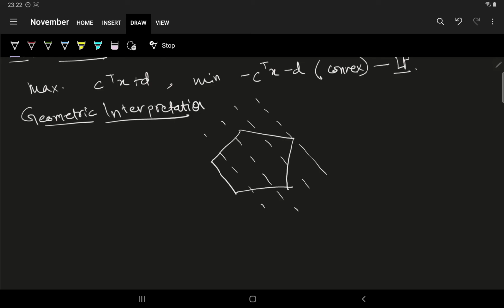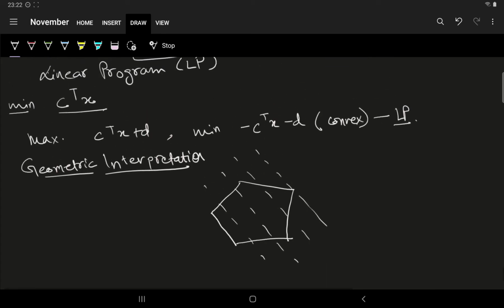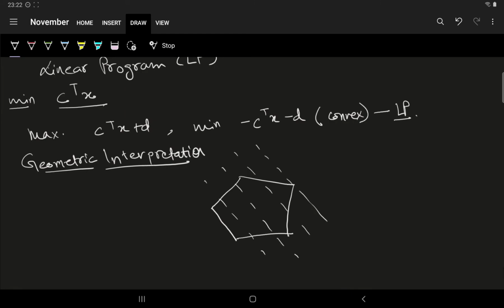The level curves of c transpose x are hyperplanes orthogonal to c, drawn as dashed lines, because c transpose x is linear.